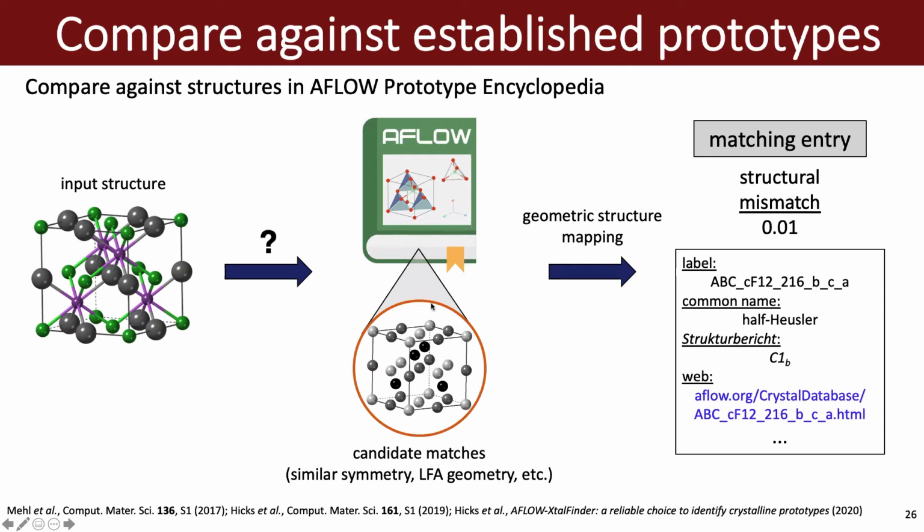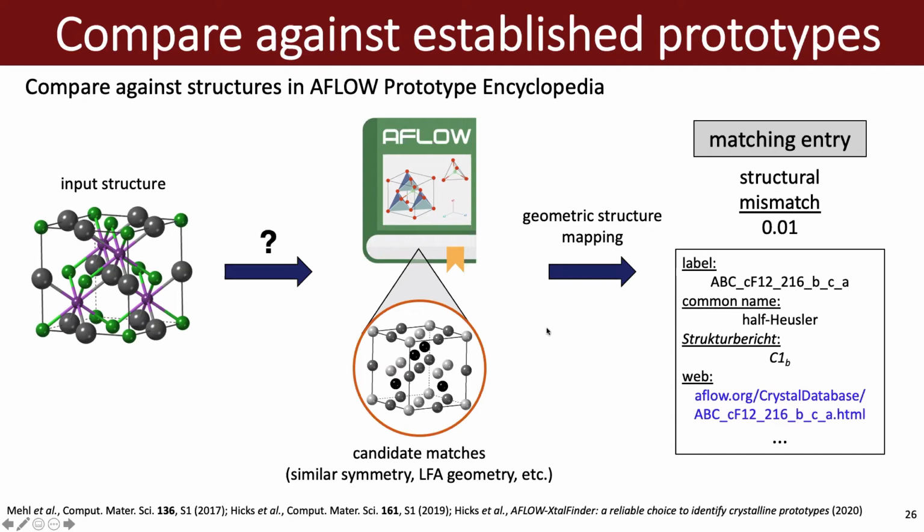And so we have functionality to do this automatically. Given an input structure, it'll search the library and find candidate matches based on the symmetry comparisons and the geometry comparisons. And then it'll finally perform the robust geometric mapping, and it will determine all of the equivalent prototypes to this input structure.